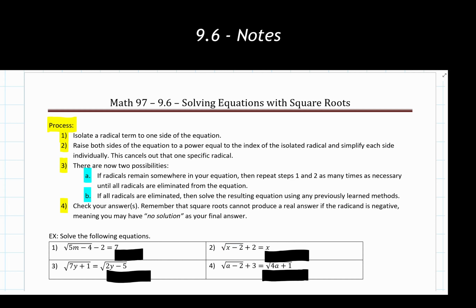I can't have the radicand be negative and take the square root of it, so therefore I would have no solution. But that is not inherently obvious when I just go through and find x equals something or m equals something else. So we want to make sure we go back and check those as we're going through each of these problems. So let's take a look at our 4 examples listed down here and see what this looks like in practice.